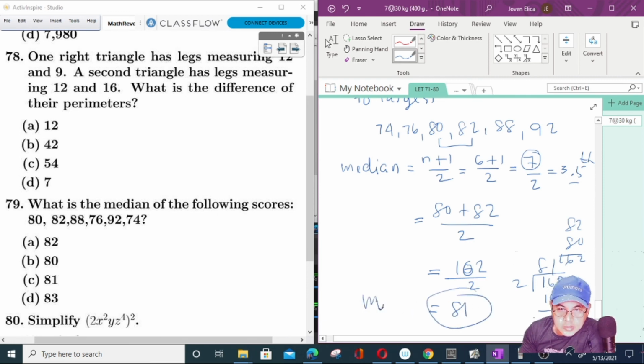The median is 81. So the answer is letter C.